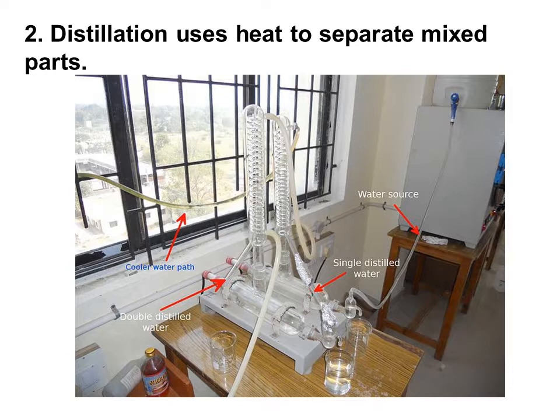A second way to physically separate a mixture is by distillation. This uses heat to separate the mixture. This looks like one of the distillers that we used when I was working on my PhD.